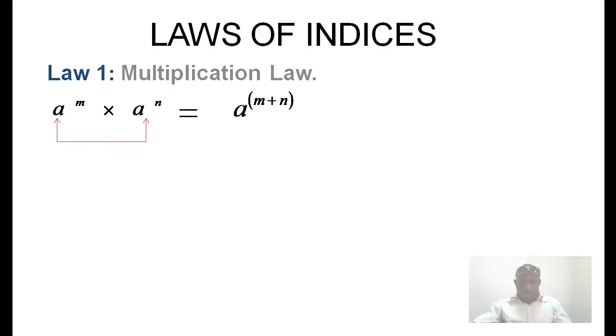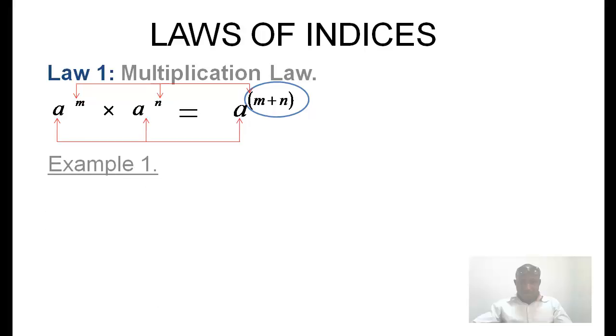This is so because in the two-term expression on the left hand side, the common base is a. We take one of the a to the right hand side. The indices involved are m and n. We add them together on the right hand side. In summary, the product of index numbers implies addition of the indices.